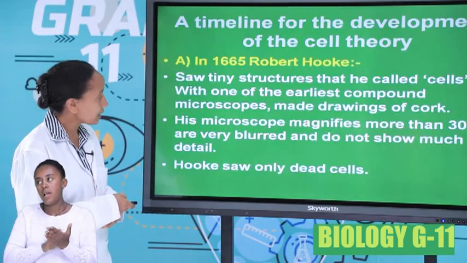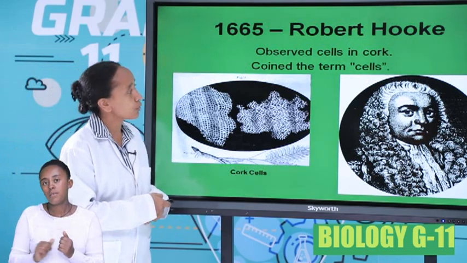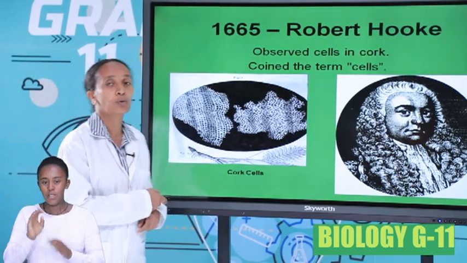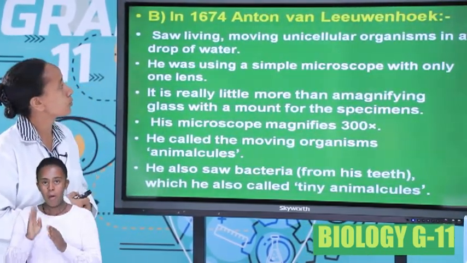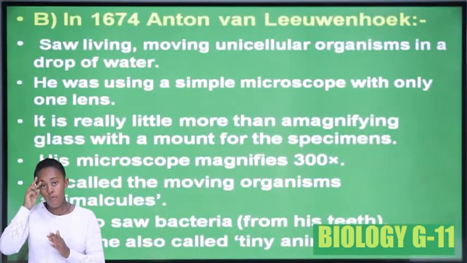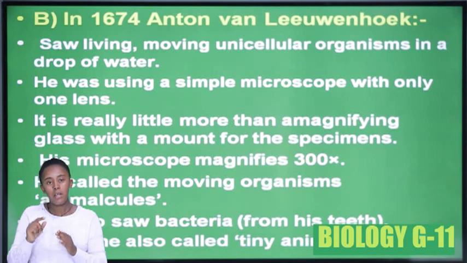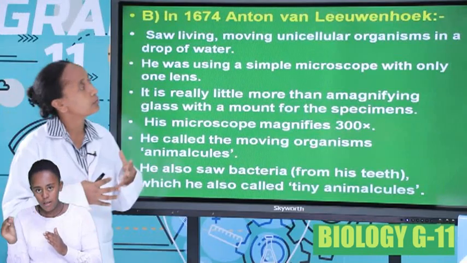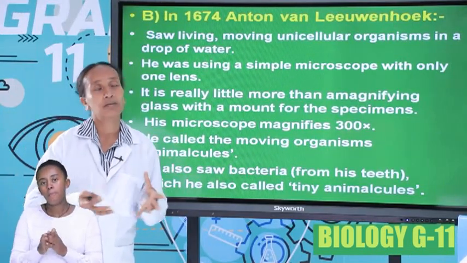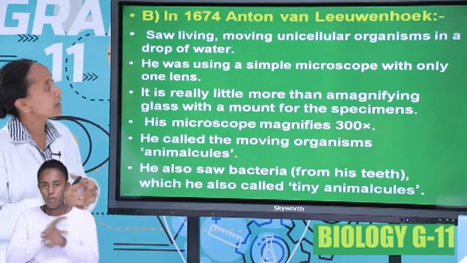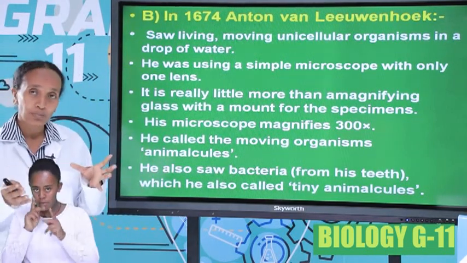And the next contribution for the development of cell biology goes to Anton van Leeuwenhoek. Anton van Leeuwenhoek was a lens grinder, and when he formed lenses with different magnification power, he observed different samples.